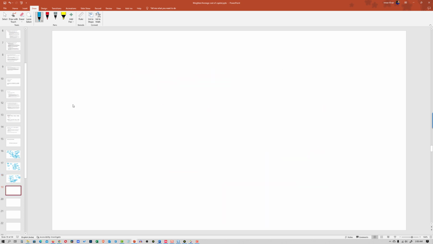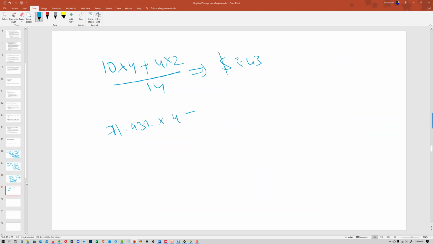In the first model, we said 10 into 4 plus 4 into 2 by 14. That gave us 3.43 per fruit, or we said 71.43% into 4 plus 28.57% into 2.